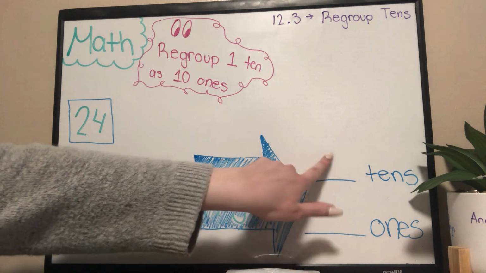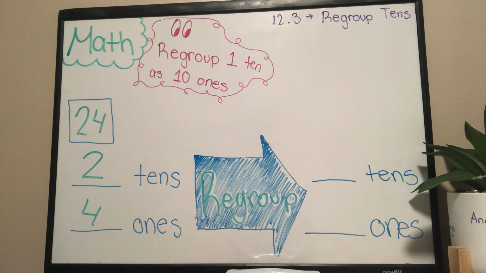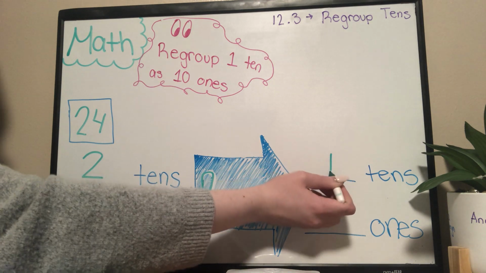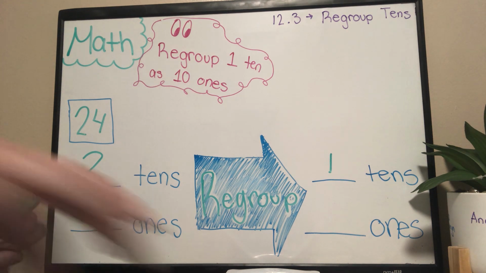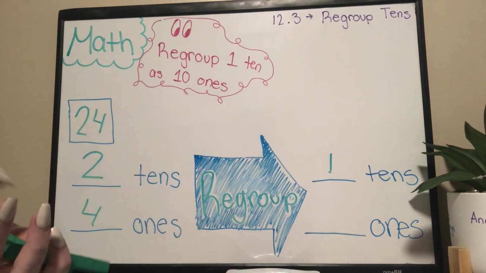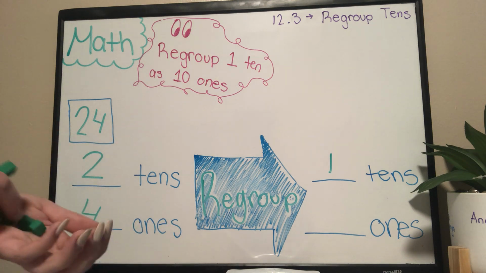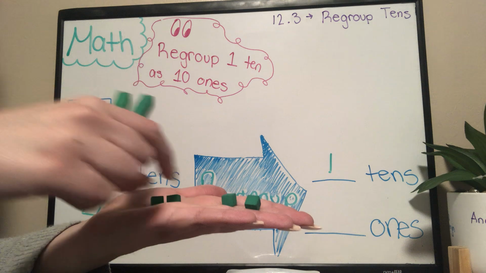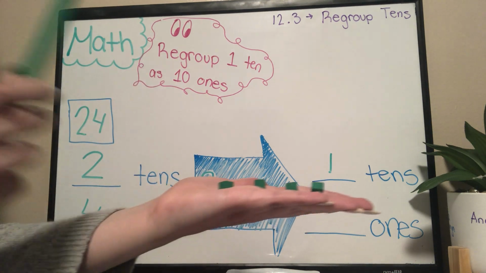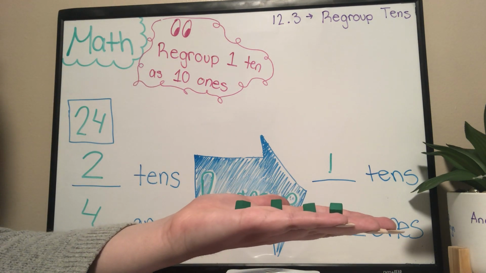So over here, I'm going to say that we have 1 ten. Okay, it'd probably be a little bit more helpful if I had these in my hand. 4 ones, and 2 tens right here.